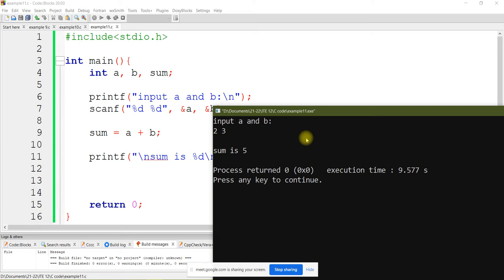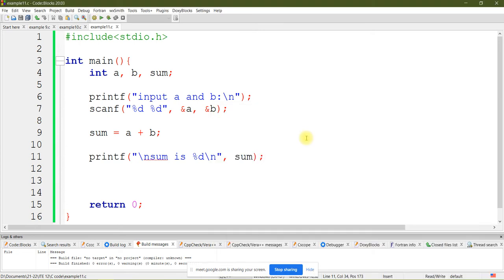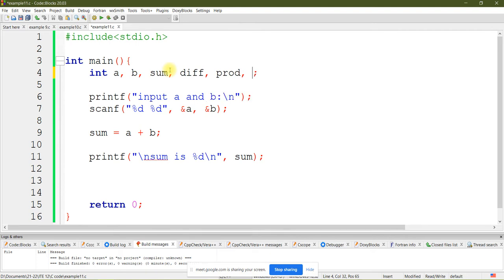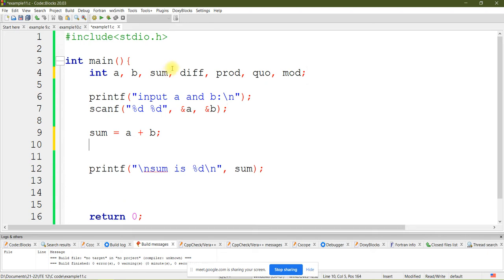So that is our code. Now, let us try the other operations. Let us put variables to hold the answers. We need a difference, we need the product, we need the quotient, and of course, we need the modulo. Okay, so let us try that one.